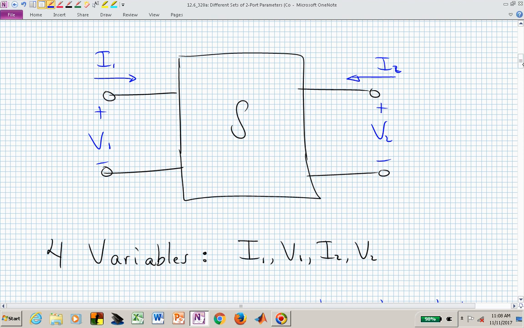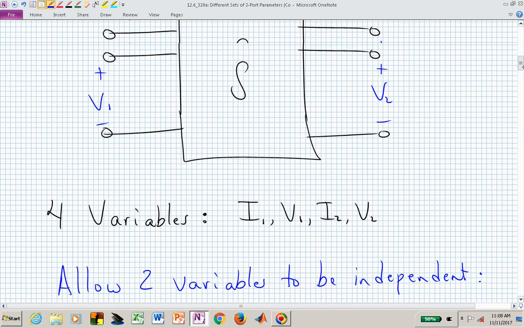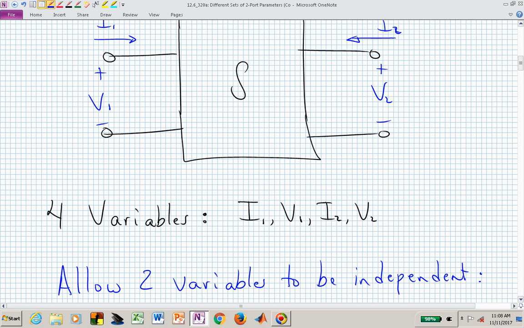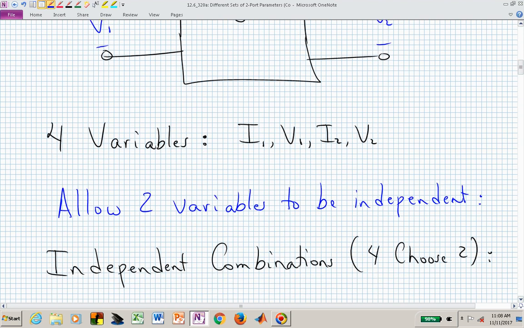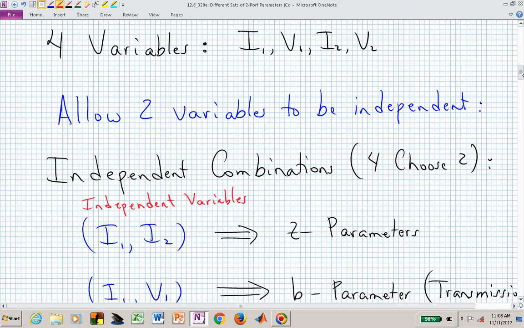And really it's just a combination situation. How many different sets can we have if we allow 2 of these 4 variables to be independent at any one time? So really it's a 4 choose 2, if you're into combinations in math, or how many different independent combinations are there. Let's say these on the left will be our independent variables. We could have I1 and I2 as independent.